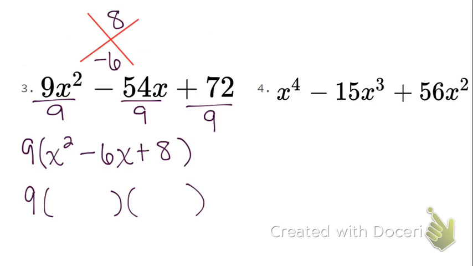So either both positive or both negative. If we're trying to add up to a negative, both of our numbers this time will be negative. So we are going to have negative 4 and negative 2 as our factors that would multiply to positive 8 and add to negative 6. So x minus 4, x minus 2.